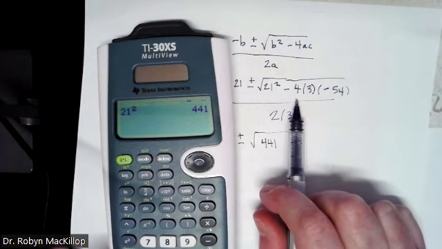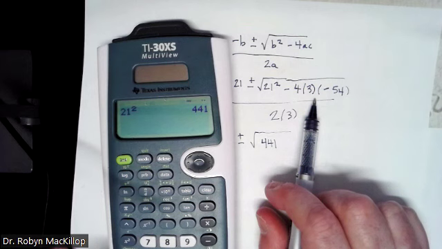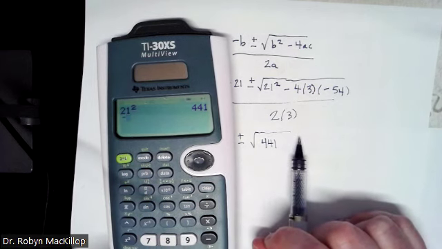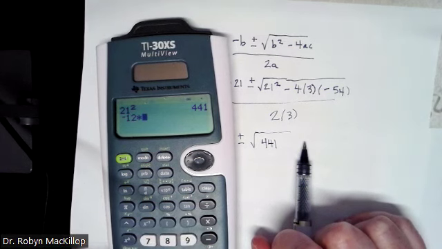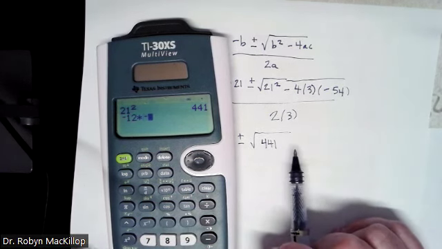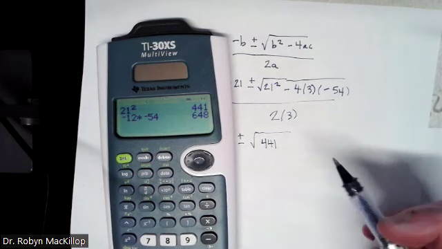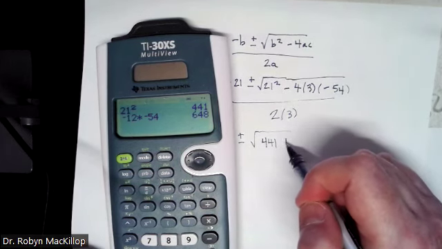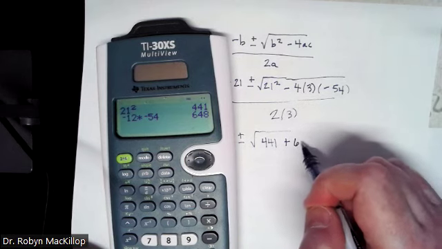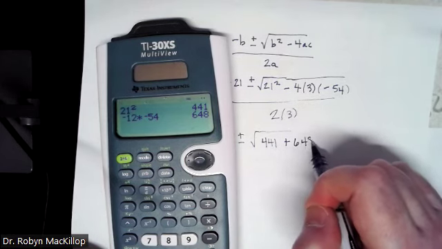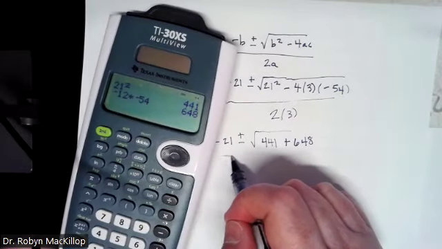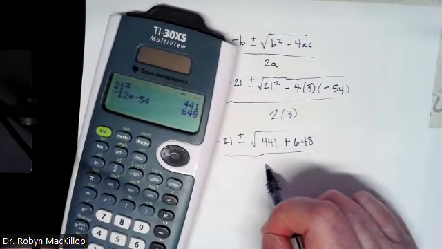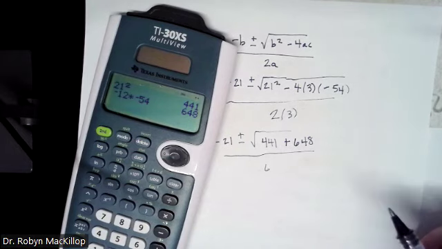Or negative, actually, negative 4 times 3 is negative 12. Negative 12 times negative 54 equals 648. So it's going to be plus 648. And then 2 times 3 is 6. So all this over 6.